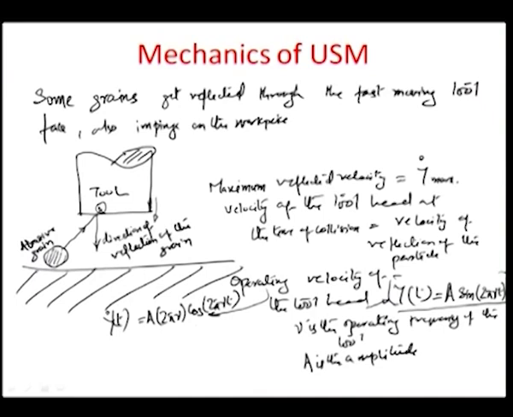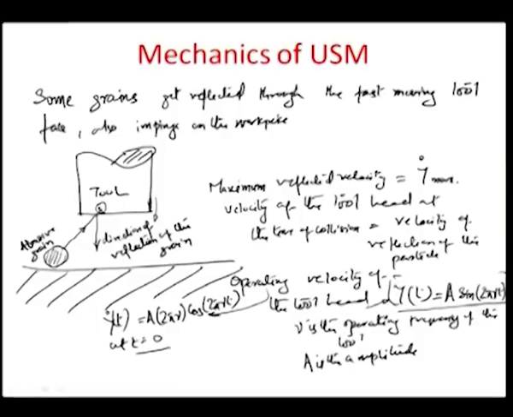And as you know here that at time t equal to let us say 0, which signifies probably the mean position of the particular tool, where the velocity is supposed to be the maximum, this value y dot t would be y dot maximum, okay, which is actually equal to a times twice pi nu. Okay. A is the amplitude of motion, nu is the operating frequency, and so a twice pi nu is basically the y dot max or the velocity of motion.